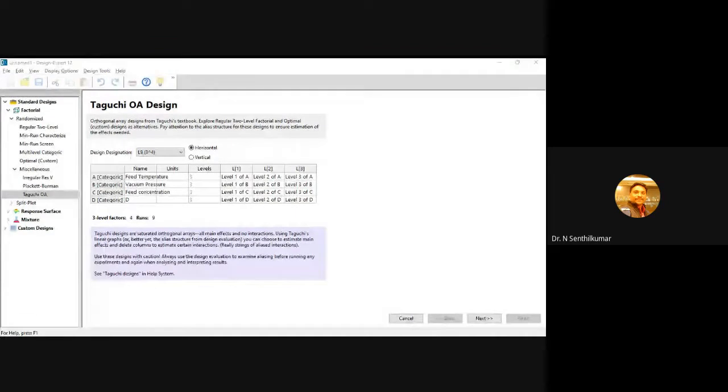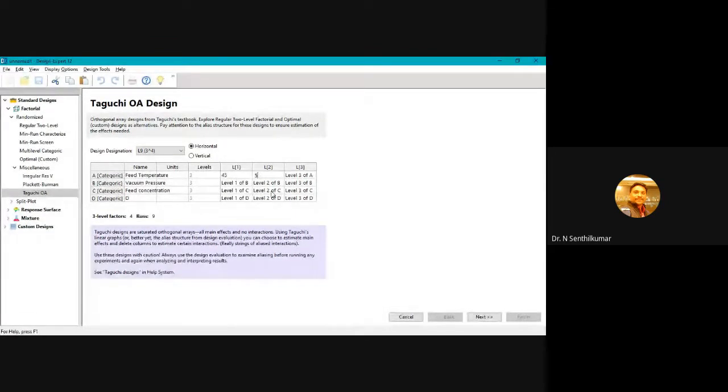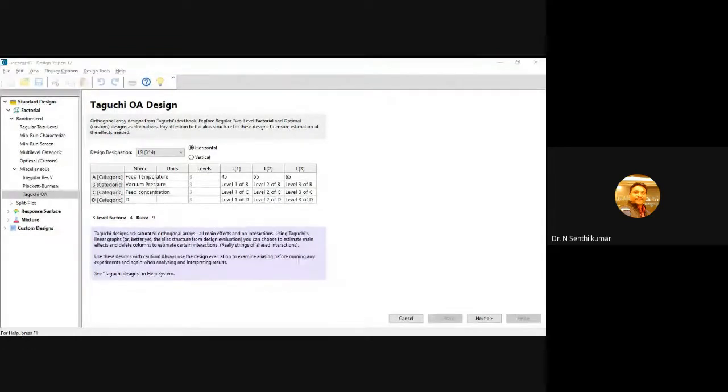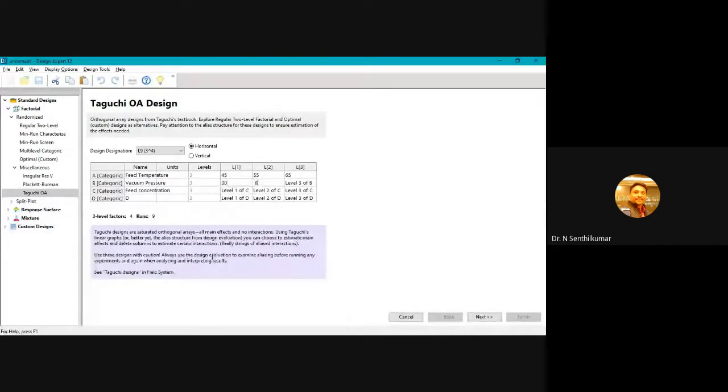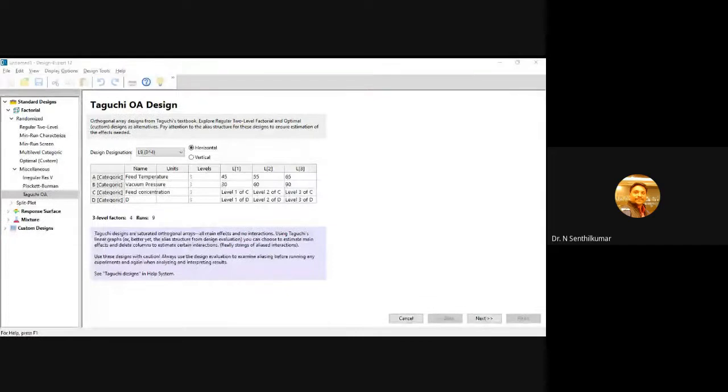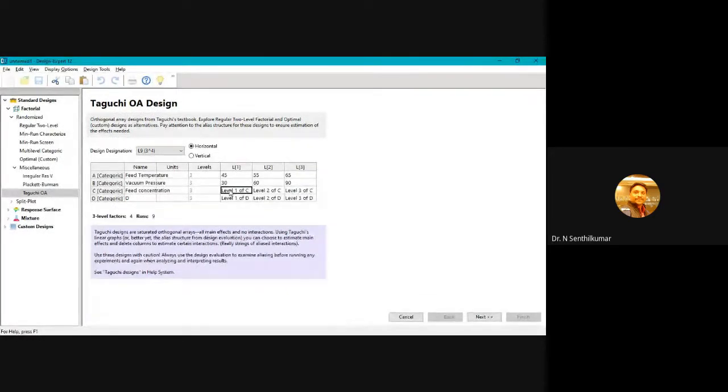In the feed temperature, they have taken 45, 55, 65. In vacuum pressure, they have taken 30, 60, 90. And in feed concentration, I am going with 20, 510, and then 1000. The unit is milligram per liter.